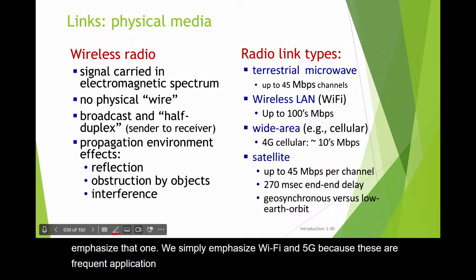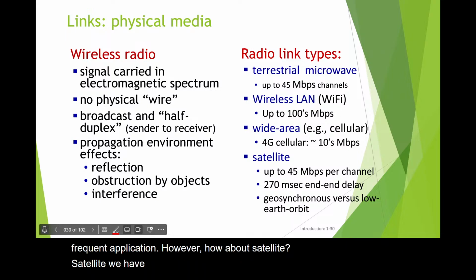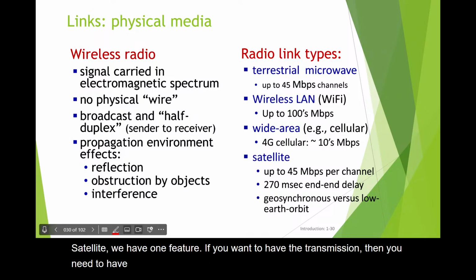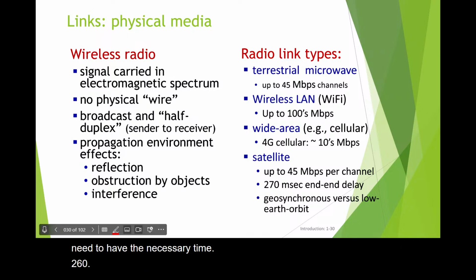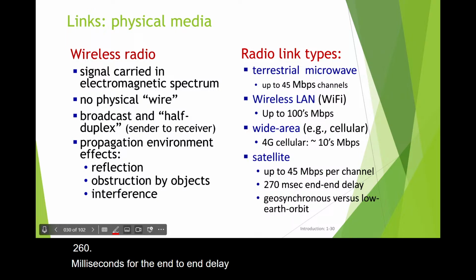However, how about satellite? Satellite has one feature. If you want to have the transmission, then you need the necessary time, around 260 milliseconds for the end-to-end delay because of the long distance.